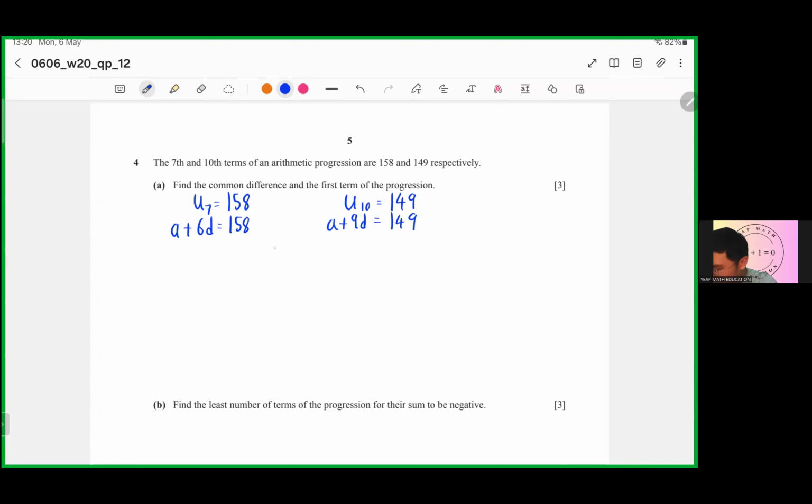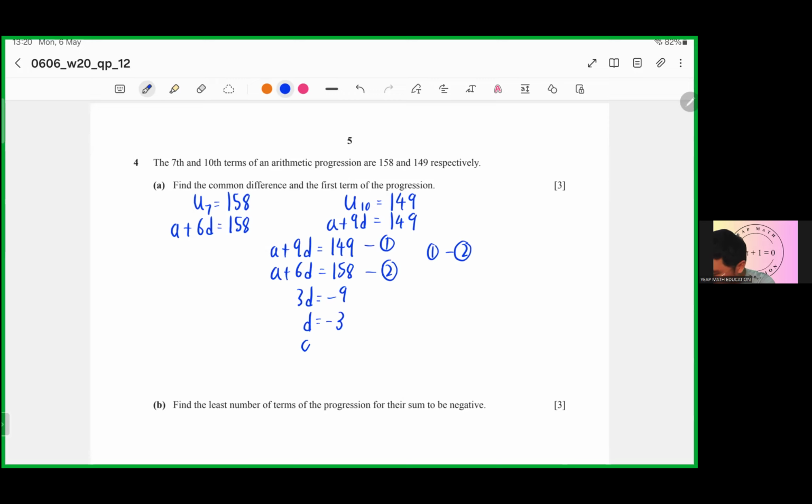Then I solve this linear simultaneous equation using the elimination method. This is the first equation, this is the second equation. First minus second equation, I get negative 3d equals 9, so d is negative 3.